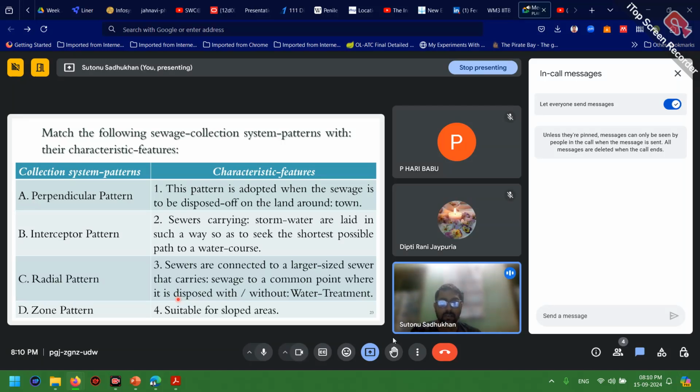I will wait for 1 minute. Just read the question again. Different patterns are there, and if you just imagine those patterns in your mind, then you will be able to understand what their feature should be.